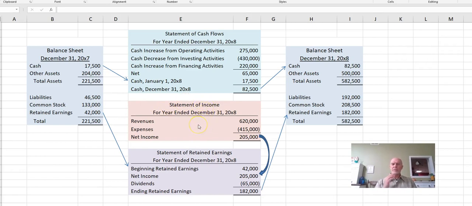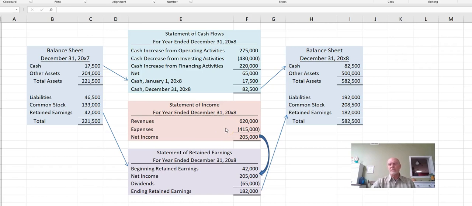Remember, another name for the income statement is a statement of operations. It focuses on the operations that happen throughout the period of time that we're discussing, in this case, year 8. So from January 1st to December 31st of year 8, these are the revenues and the expenses that were incurred.